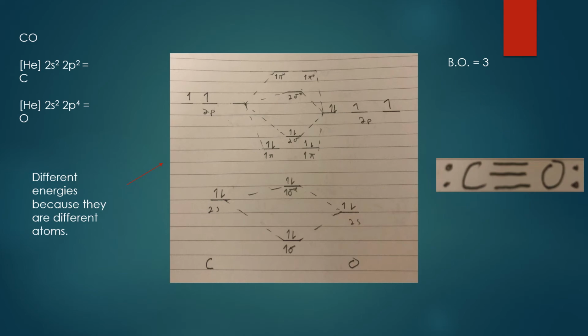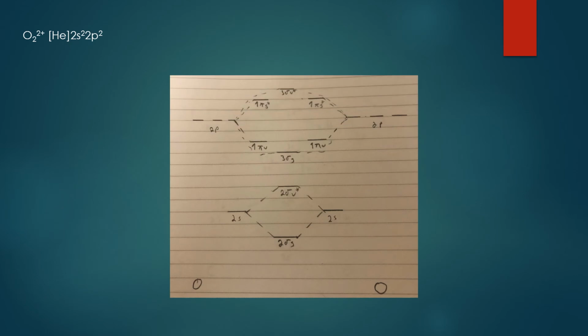Again, another similarity. And now we are on to our final molecule here, O2 2+. So the electronic configuration of that will be 2s2, 2p2 instead of 2p4, and that's obviously due to the loss of electrons here. It shows the 2+. So let's draw an MO diagram for it.